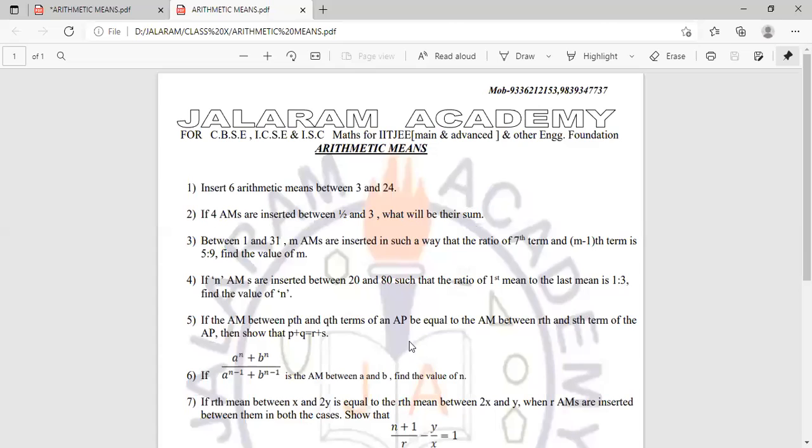Given that the ratio of the 7th term and the m minus 1th term means the ratio of the 7th AM and the m minus 1th AM.